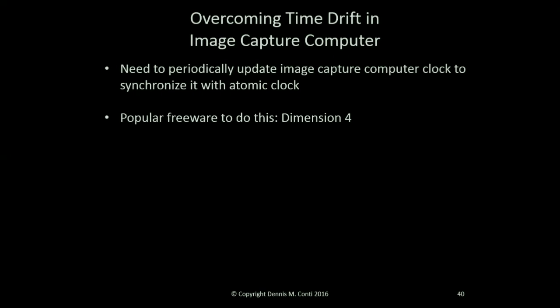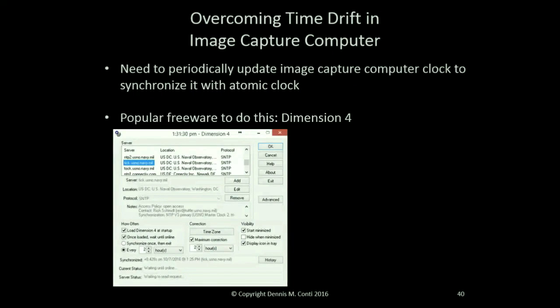One in particular is a program called Dimension 4 that has a very user-friendly interface in which one can define the Internet time server, in this case from the US Naval Observatory, and the frequency of updates. This particular program, running in the background, will periodically update the computer clock.